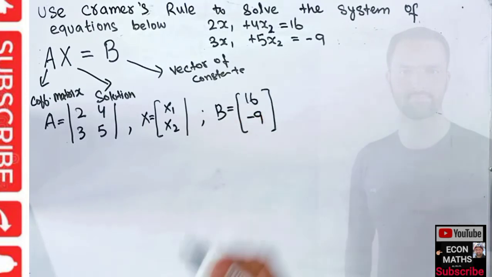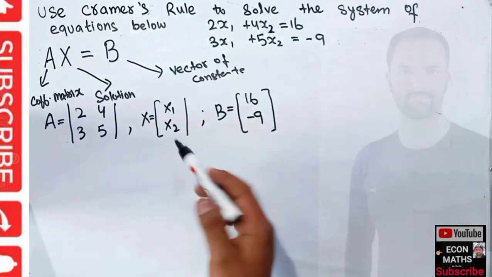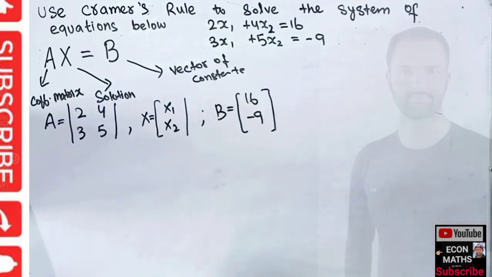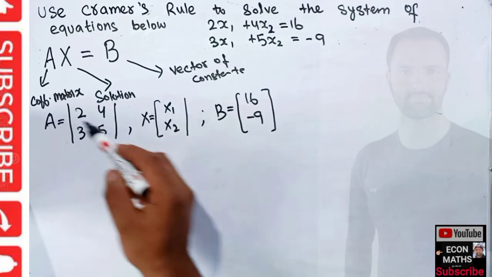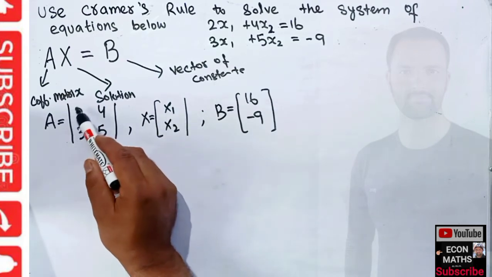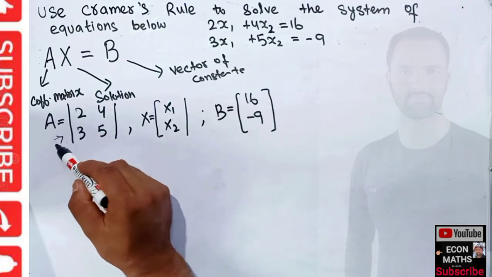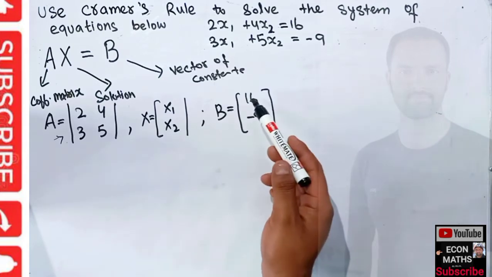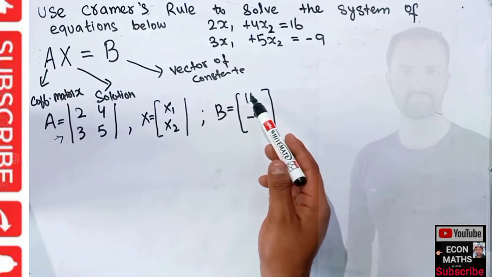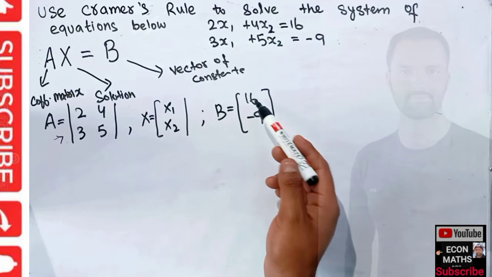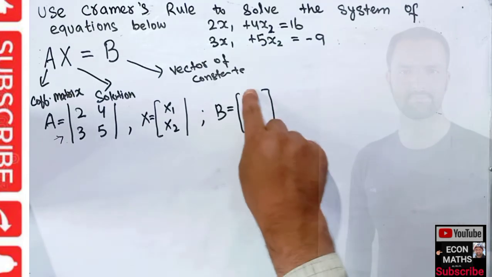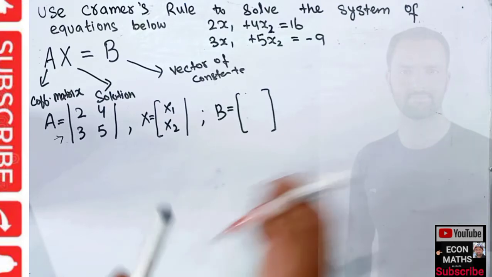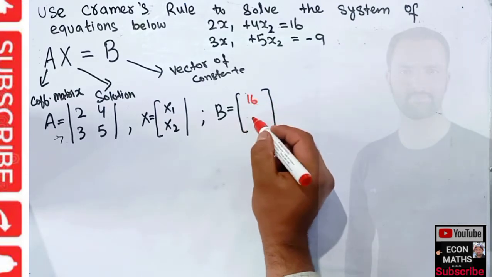Now, to find the value of x1, we replace the first column of the coefficient matrix with the vector of constant terms. Let me use another color here to make it more clear to you. We have 16 and minus 9.